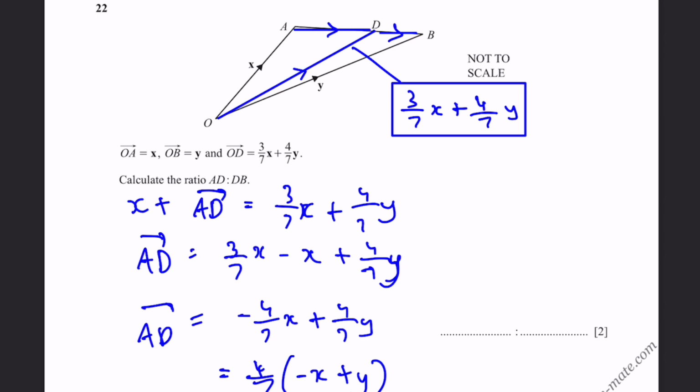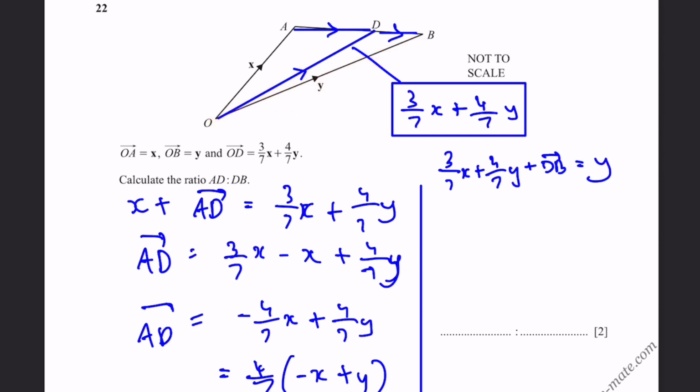Now we find for this one here. This vector OD plus this vector DB is equal to y. I'll just draw a line here. Now OD is 3 by 7x plus 4 by 7y. Then we add DB. It's equal to y, which is OB over here.